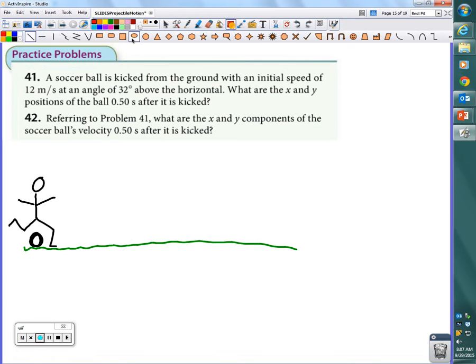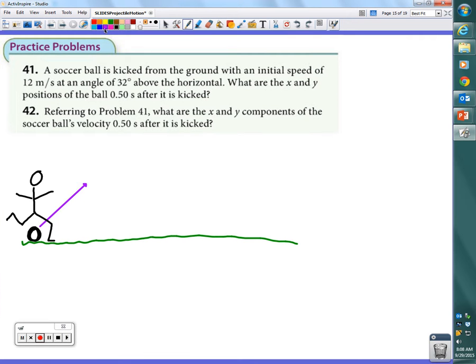Starting off, okay, not to scale, because the way that I drew it, I'm drawing it for effect.